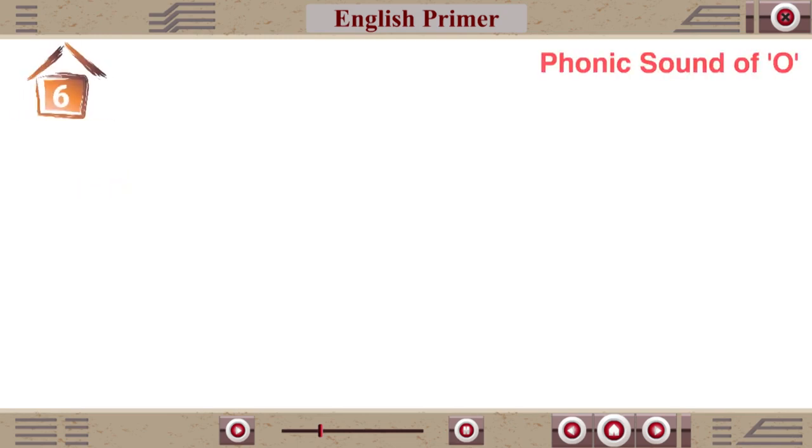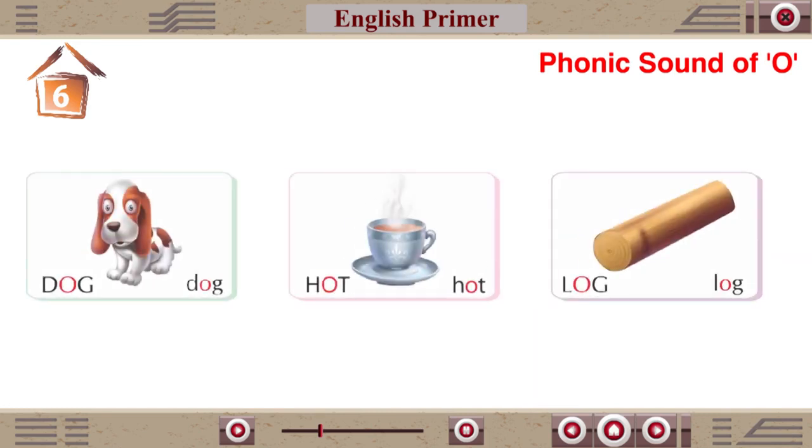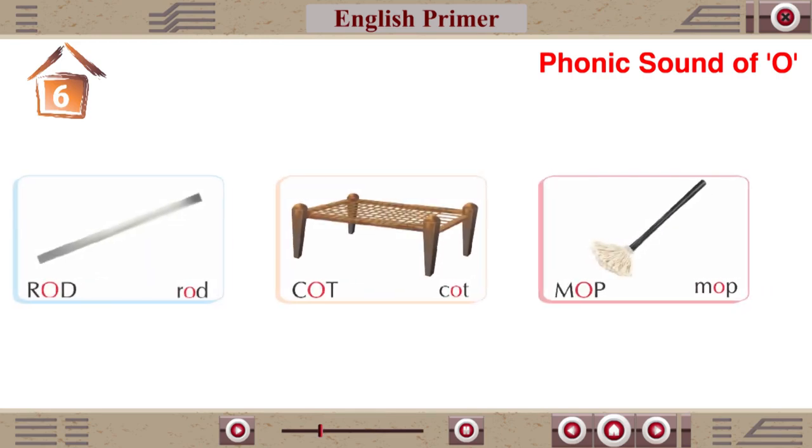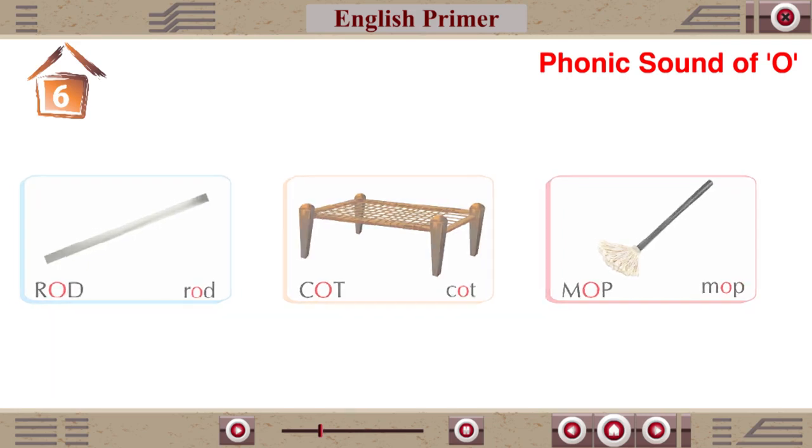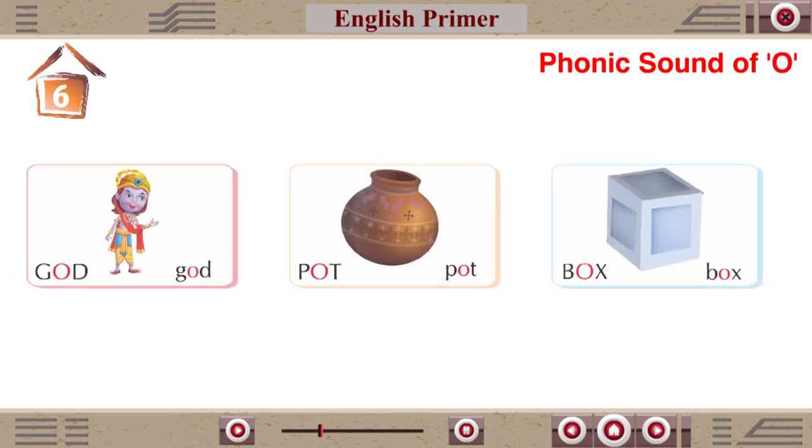Chapter 6. Phonic sound of O. Dog, hot, log, rod, god, mop, pot, box.